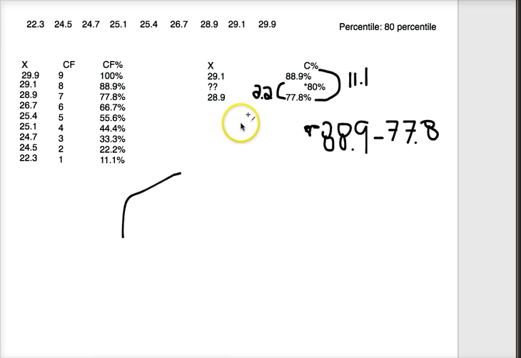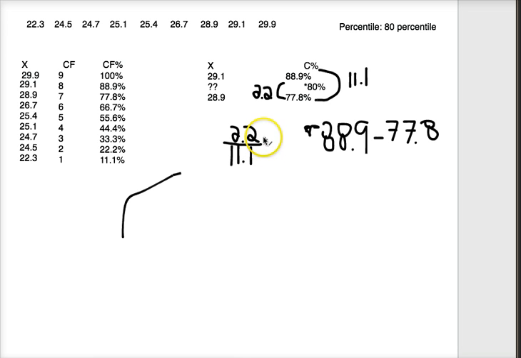Now that you have that number, we are going to use these numbers to develop a ratio of these differences in distances. So we're going to take the bottom difference, the 2.2, and divide it by the distance between the very top number and the bottom number.